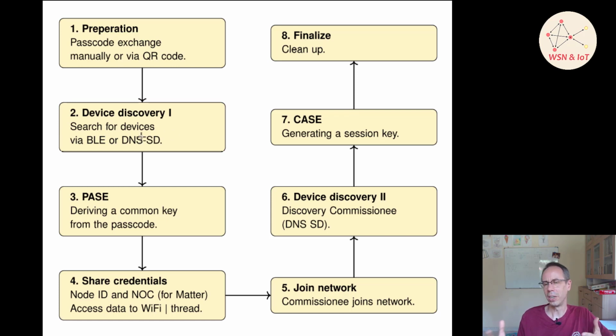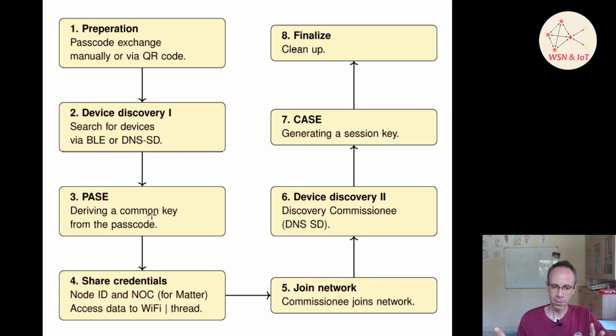When the device is already connected to the Thread network, for example, then we would use DNS-SD. But let's assume we are now using Bluetooth Low Energy. Now when we have found our device, we use a procedure called PASE, short for Passcode Authenticated Session Establishment.